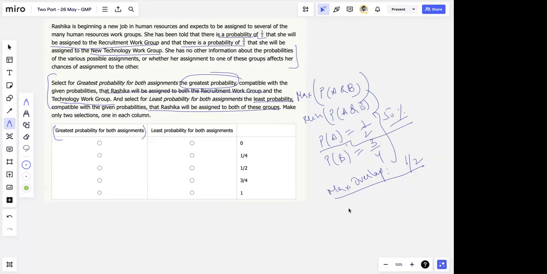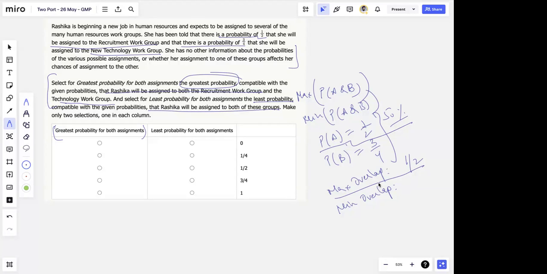Then for least, I'm not sure, but we can think of it this way: if the probability of any one of the events occurring would be one, then the least would be the subtraction of 1/2 and 3/4, and we can derive it with the formula also.